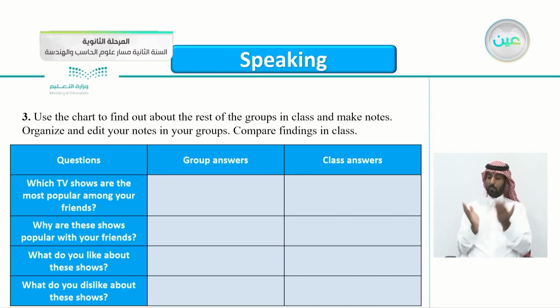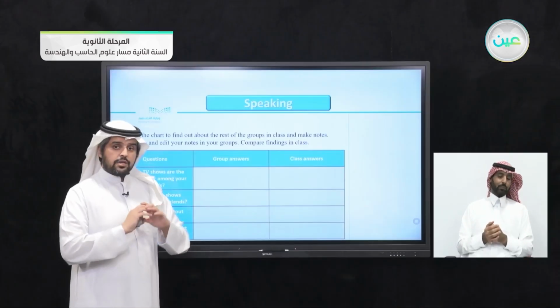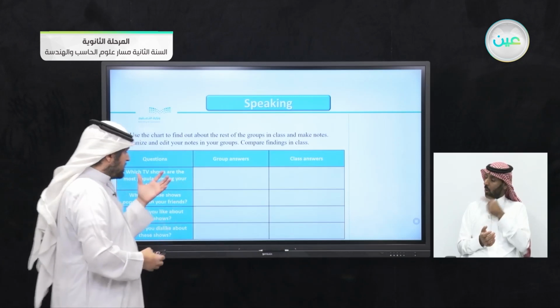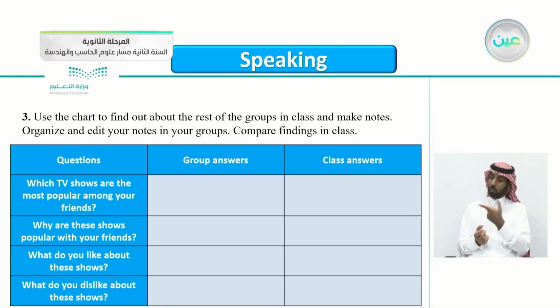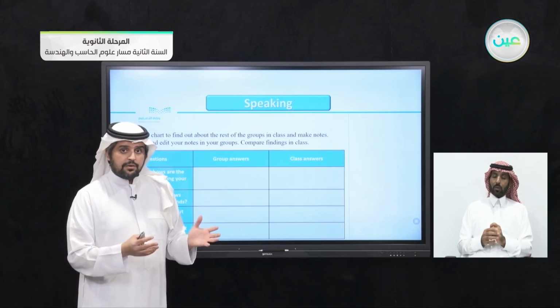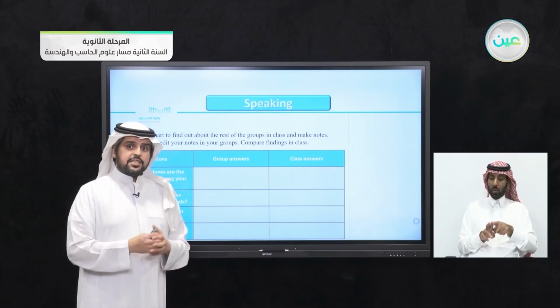So we have a chart with 2 columns here: group answers, class answers. And the questions here: which TV shows are the most popular among friends? So you can calculate and find out which is the popular TV show among your friends. Why are these shows popular within your friends? This is an interesting question. After you know the popular TV shows, ask why.